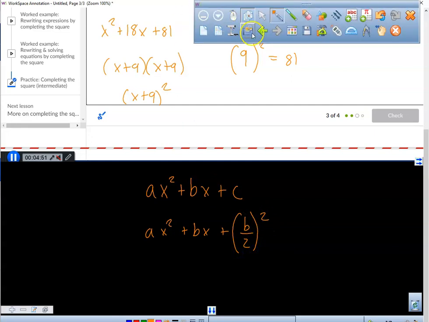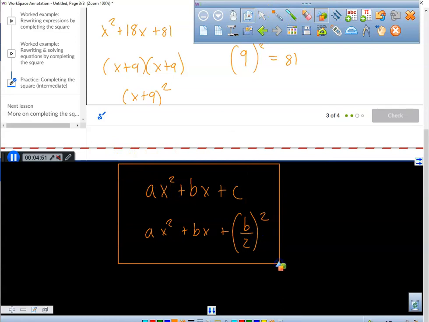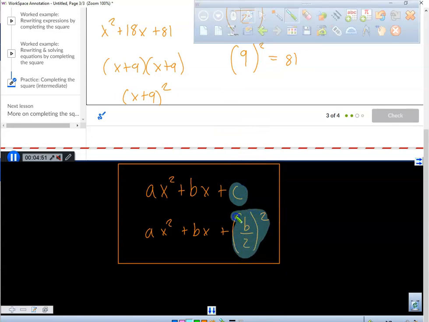So this is kind of what we've been working on over the last few minutes. It's this c value. This c value will always equal half your b value being squared. And yes, please use parentheses. If you don't use parentheses, then the negatives won't cancel out and it'll stay a negative, and by the way, this number is always going to be positive no matter what.